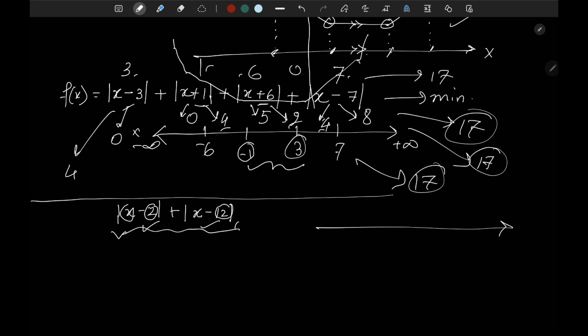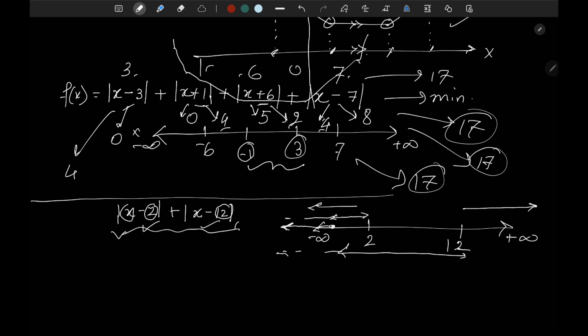So on the number line, if we plot 2 here and 12 here, if you take any point in this direction, any point, your distance from 2 is this and your distance from 12 is this, and it keeps on increasing as you take the point in the negative direction. It keeps on increasing, the distance becomes this, and from 12 it becomes this. And similarly for the case on the other hand, if you take any point in this direction, the sum of the distances keep on increasing.